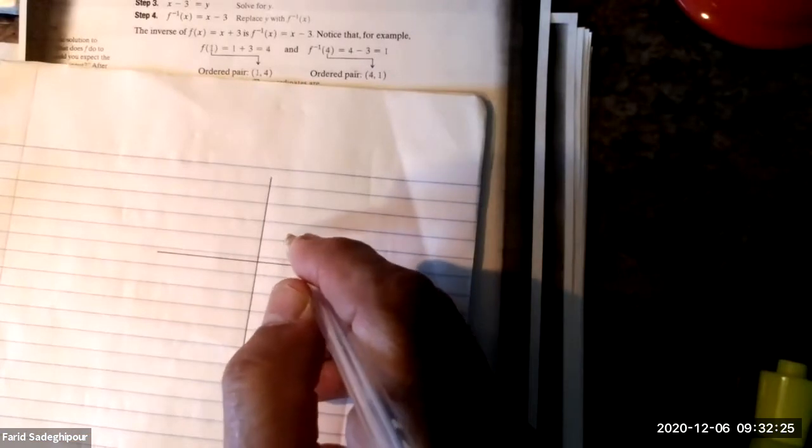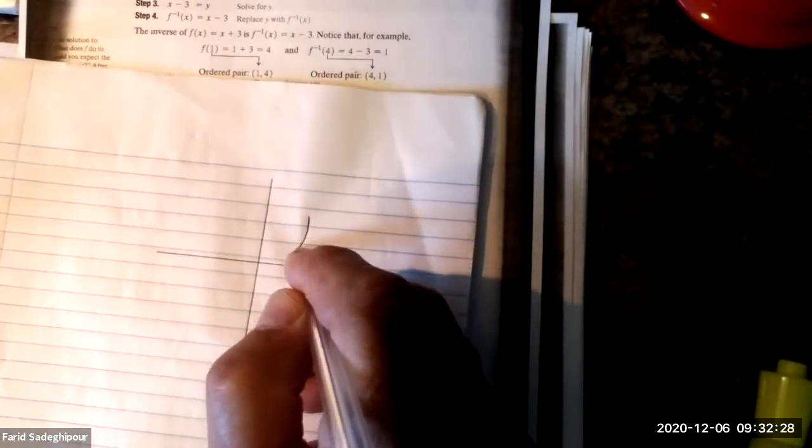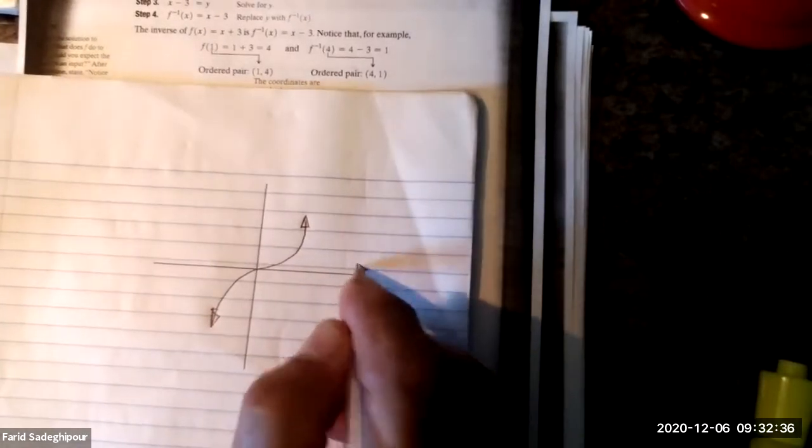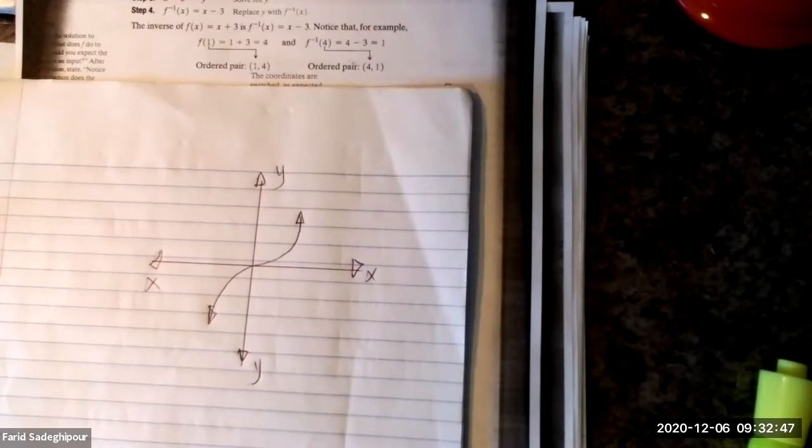In the previous section, we talked about what one-to-one functions are. If you have a function like this, there are two tests that determine whether your graph is one-to-one or not.